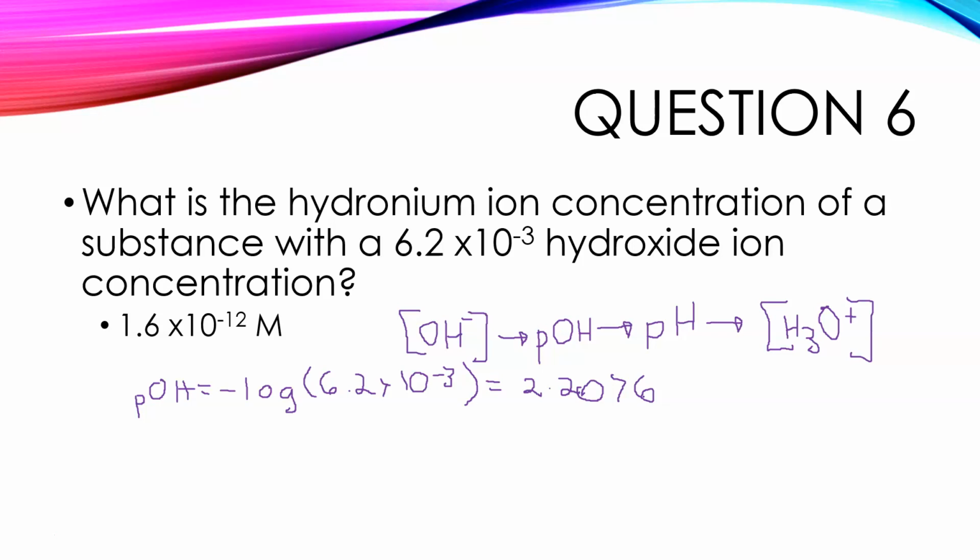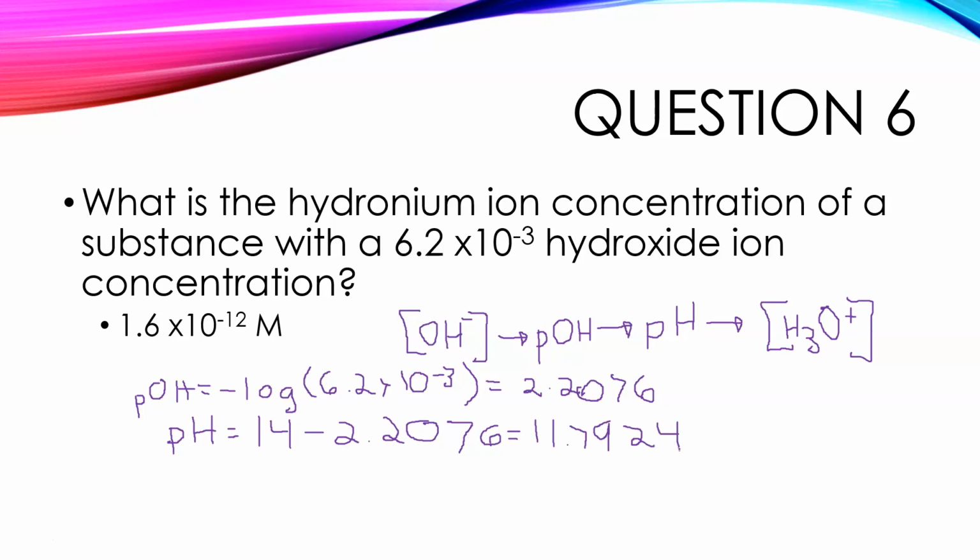From there, you are going to do that your pH is equal to 14 minus your pOH, giving you a pH in this case of 11.7924.